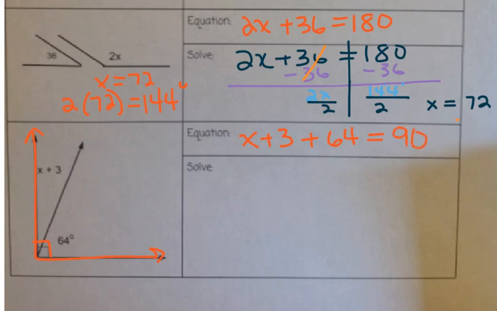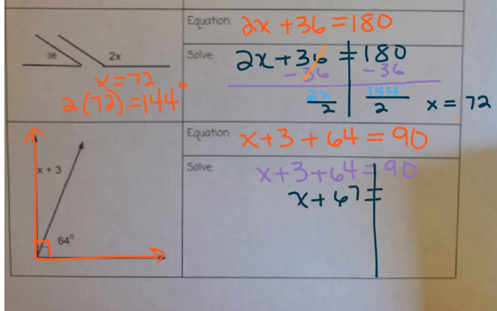Now I'm going to rewrite that in my workspace. I've got terms that I can combine. I can combine my 3 and my 64. So I get x plus 67 equals 90.